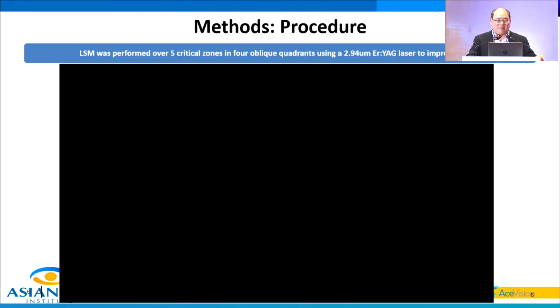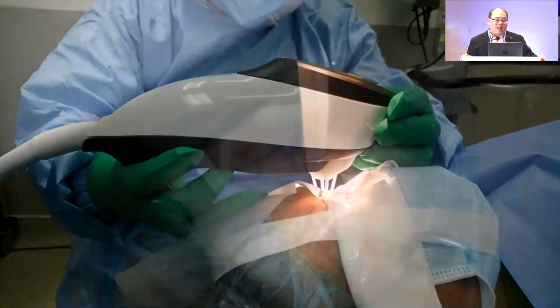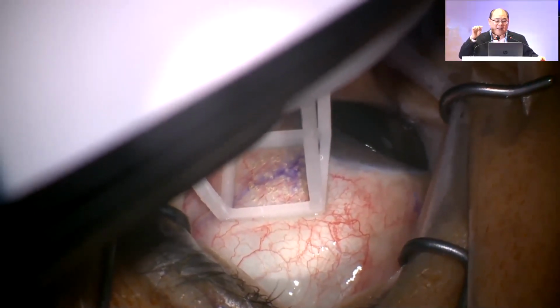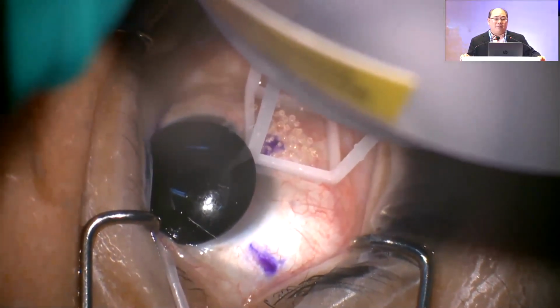This is the procedure. We have this handheld device, the generation 1 laser. It fires YAG shots in the sclera in 4 quadrants in a diamond grid pattern.